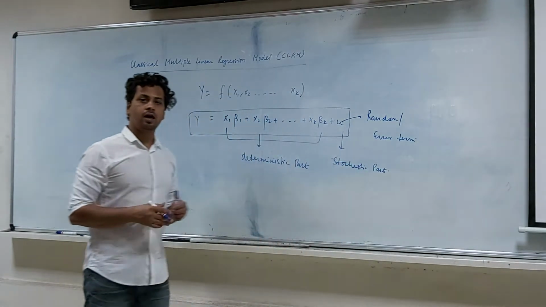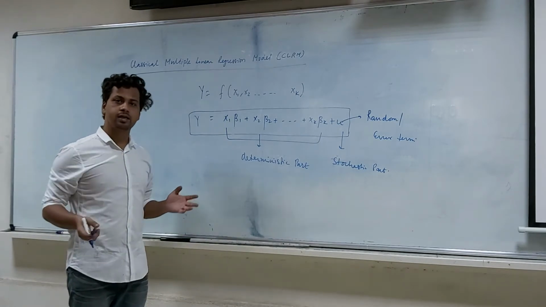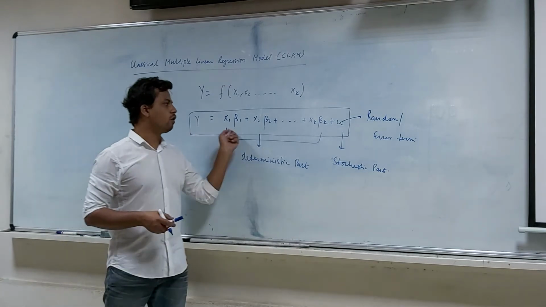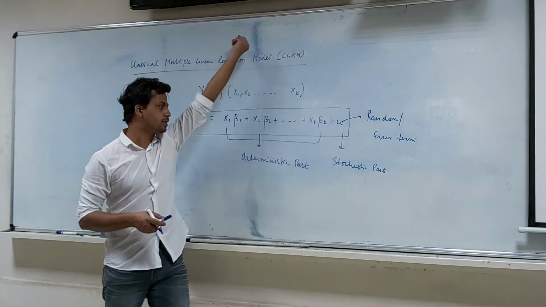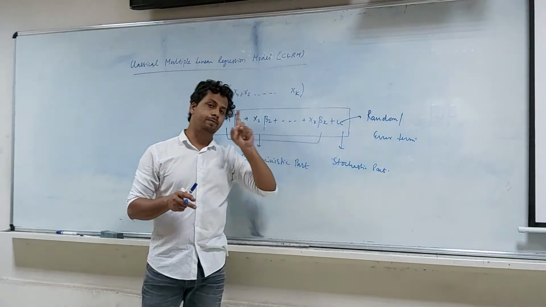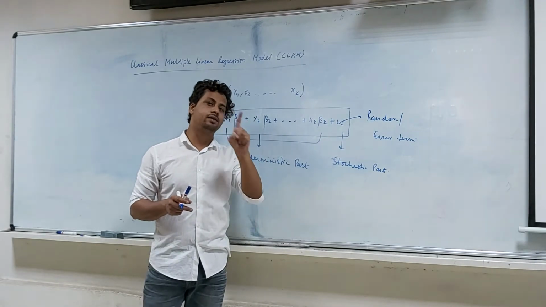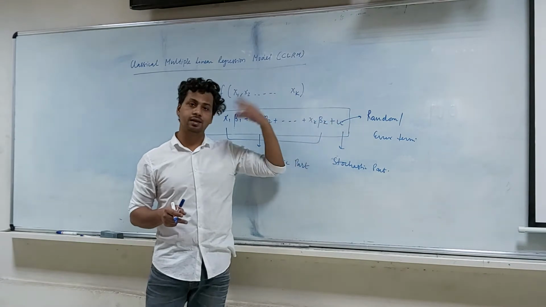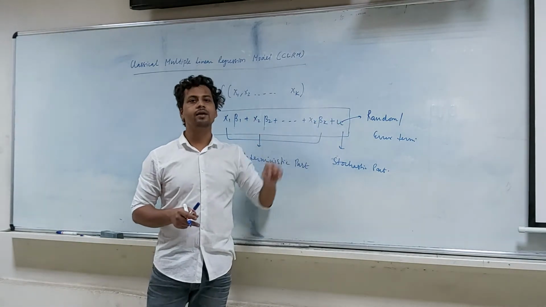Now, if you remember our first lecture, I told you that an econometric model consists of three specifications: a set of behavioral equations given by this, and a specification of the probability distribution of the random error term. This is where u comes in, and this is where the assumptions of CLRM come into effect.